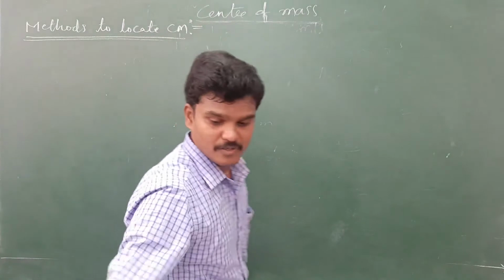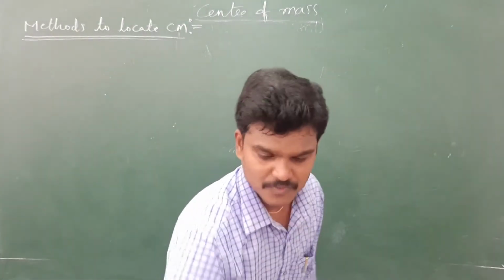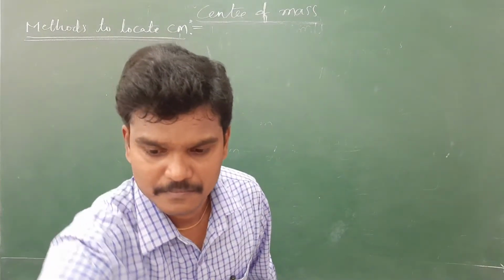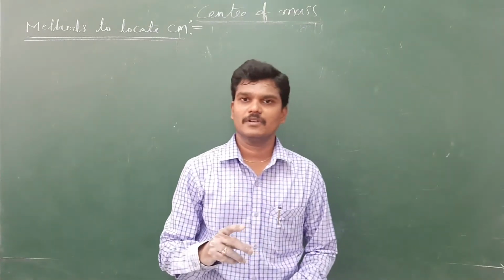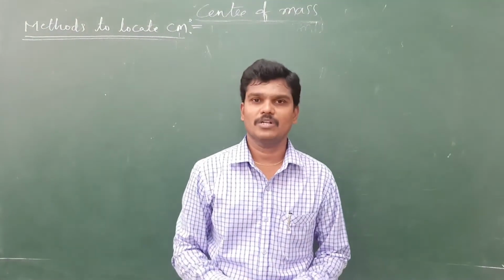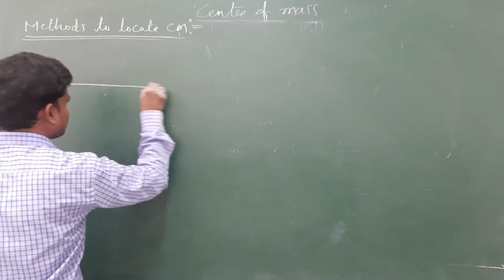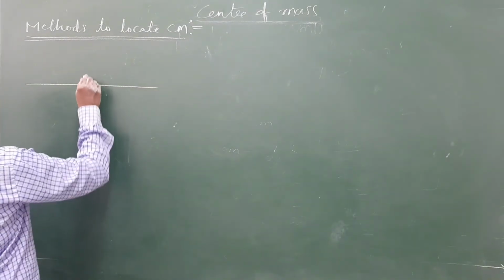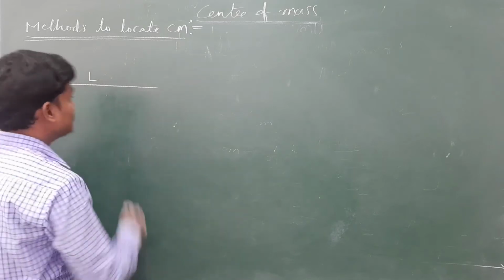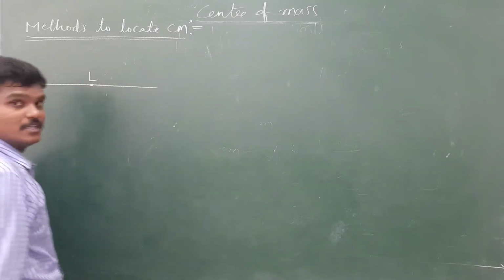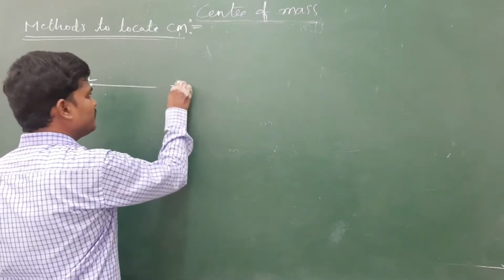See, let us suppose they give a thin rod whose length is L. Initial center of the rod is here, and this is bent at the midpoint.